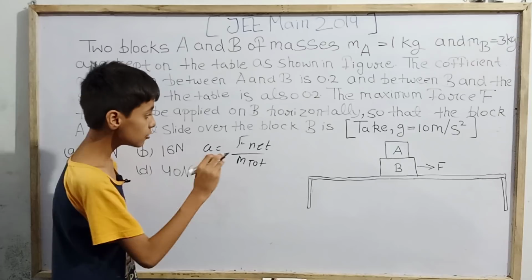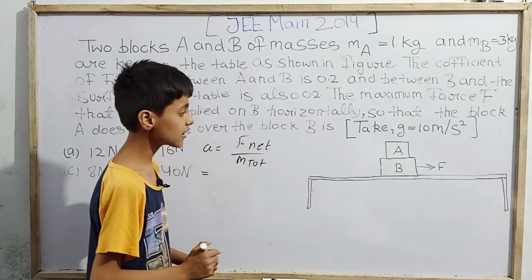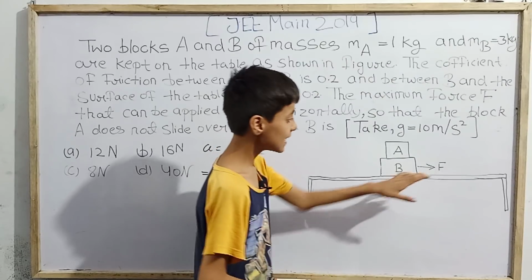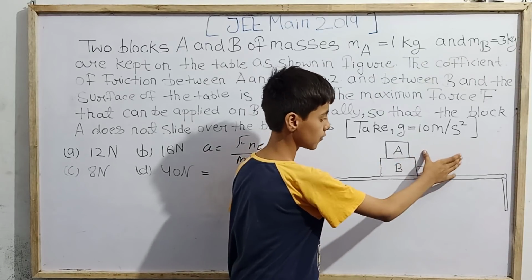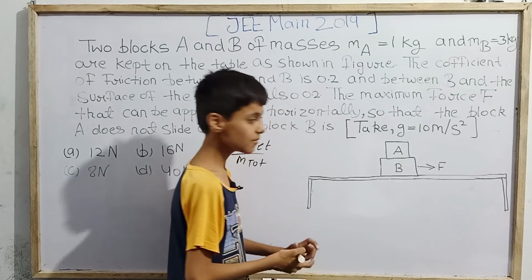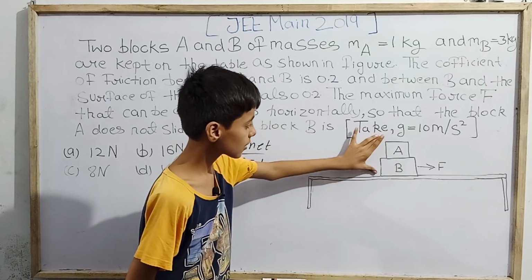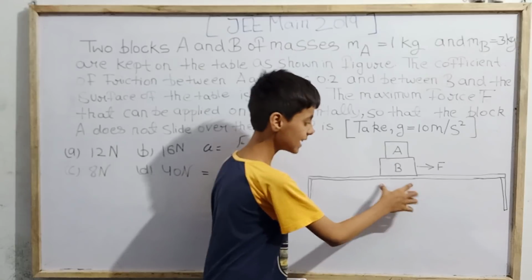Now, if we apply an external force, the system will first of all come in motion. After that, a frictional force will be acting between block B and the surface.